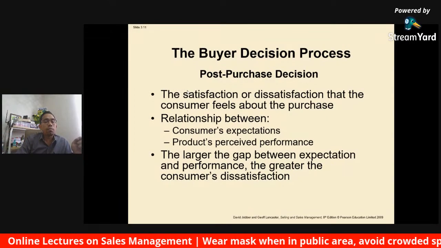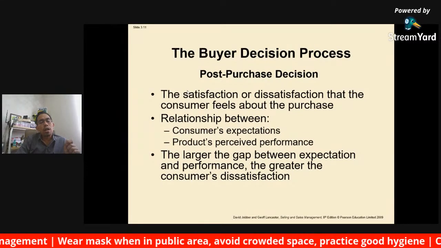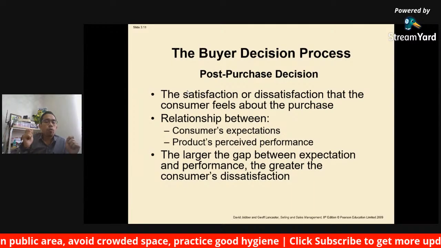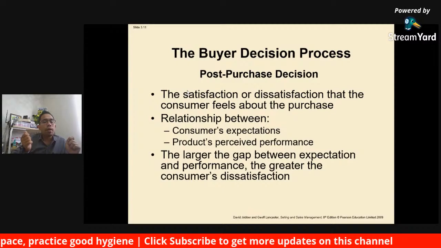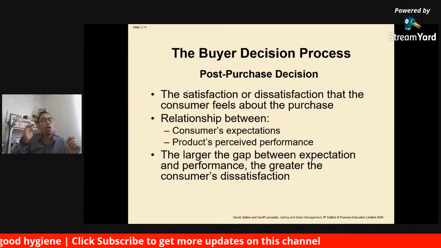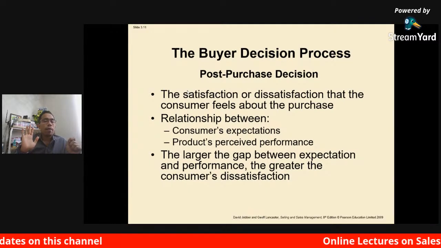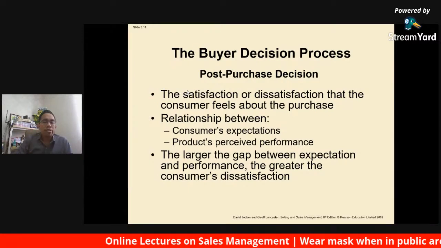Before we use it, we expect the product to perform a certain way, and we compare after we consume it. It may go beyond our expectation, just meet our expectation, or be under, what we call underperceived or not meeting our expectation.